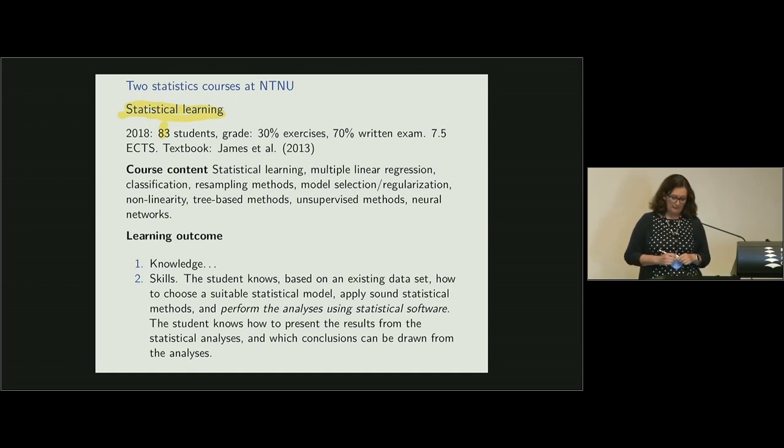We were using the textbook of James et al., Introduction to Statistical Learning, with the course contents being the different aspects of statistical learning. When it comes to the learning outcome, I'll just draw your attention to that in the skill part, we want the student to know, based on existing data, how to choose a suitable statistical model, apply statistical methods, and perform the analysis using statistical software. So this statistical learning course has an applied sense to it also.